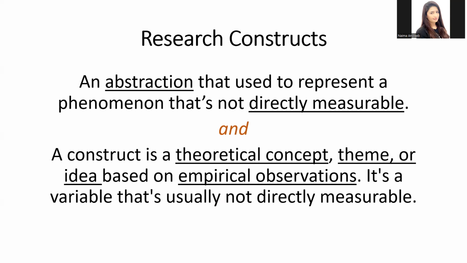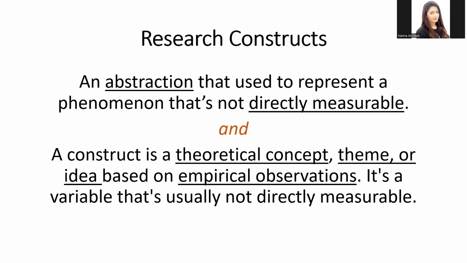But here, we are dealing with ideas that represent a phenomenon and are not directly measurable. So ideas representing the phenomenon cannot be measured, and we call these ideas which are not measurable a construct.